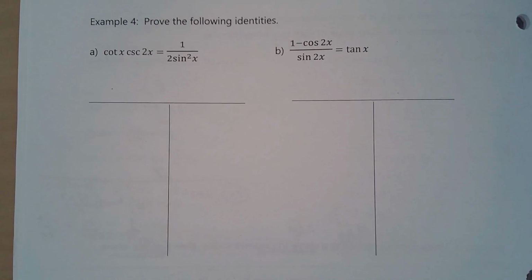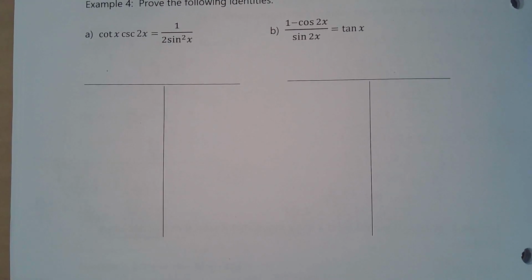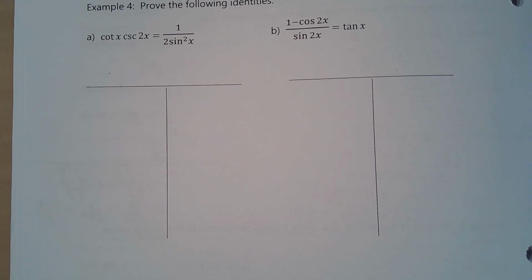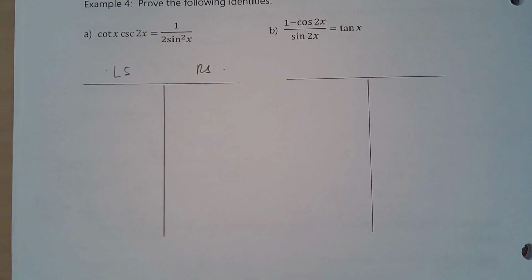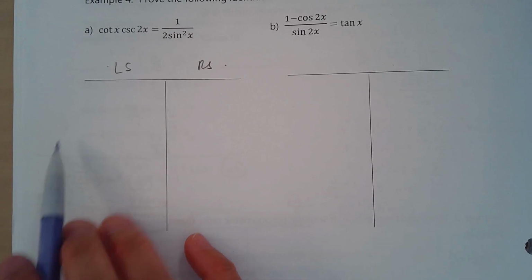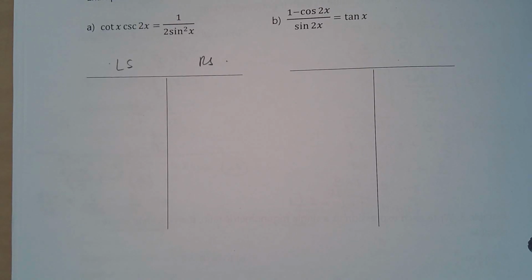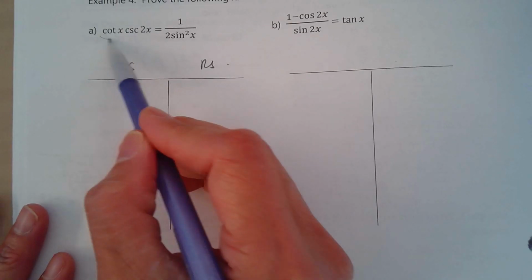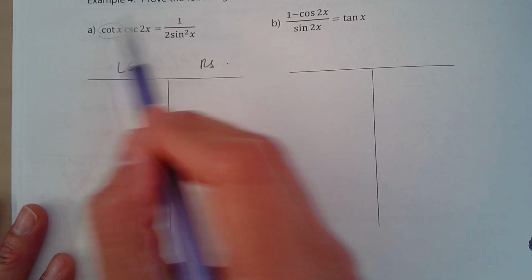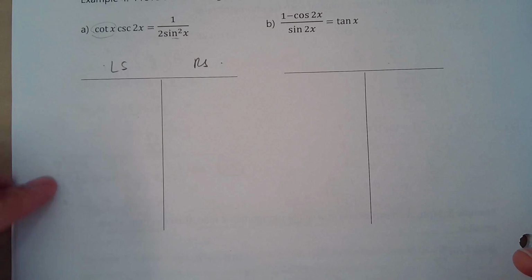So proving the identity. What can we do? Which side should I work with? Left side and right side? Maybe the left side? Okay, let's see what the left side looks like. Okay, cotangent. I want to make sure that I'm gonna get something sine squared at the bottom.